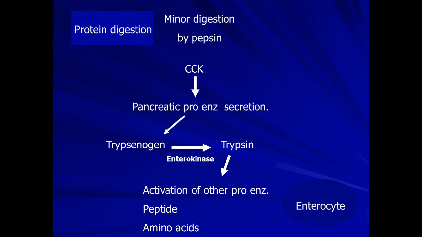Also, there is activation of other enzymes, trypsin and chymotrypsin, to reach the small bowel in the form of peptides and amino acids, where they will be absorbed by the enterocyte.